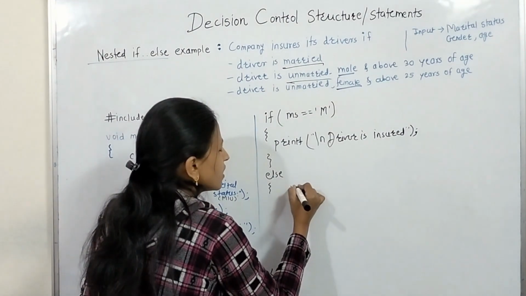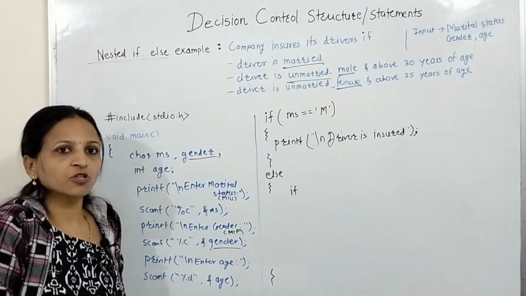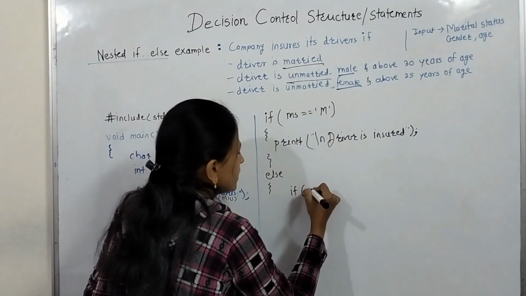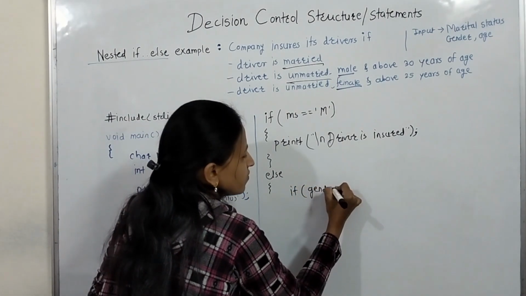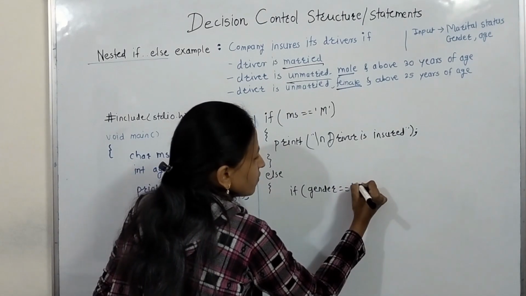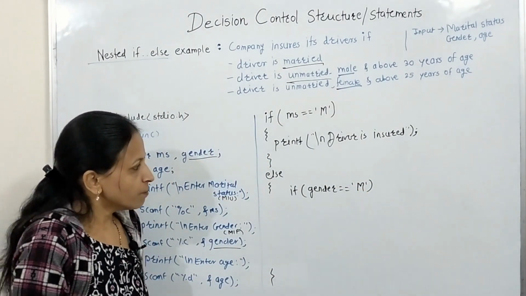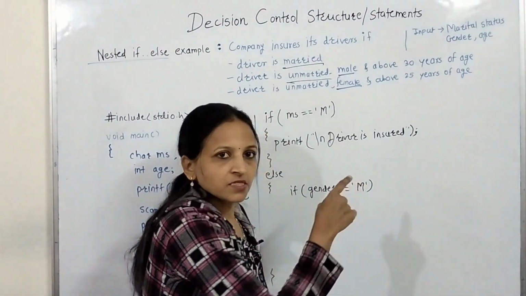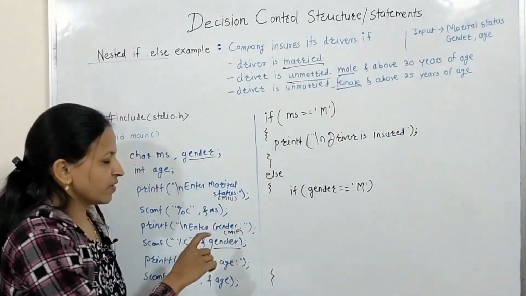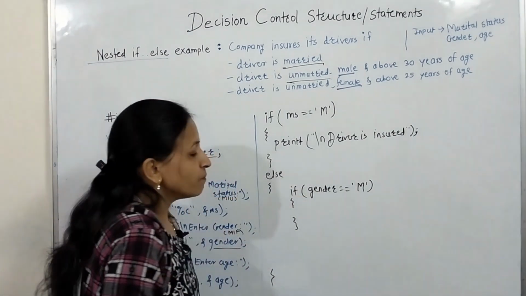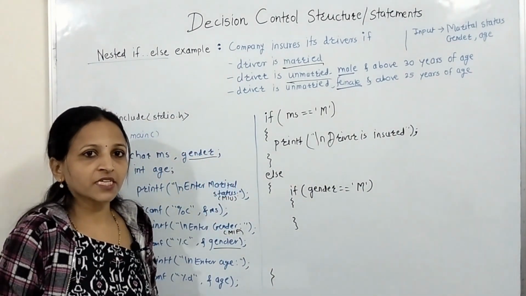In this way, for checking we will put one more if in this else block. If gender, which is a variable, is equal to male, here male means capital M. If gender is male, then what should be checked?